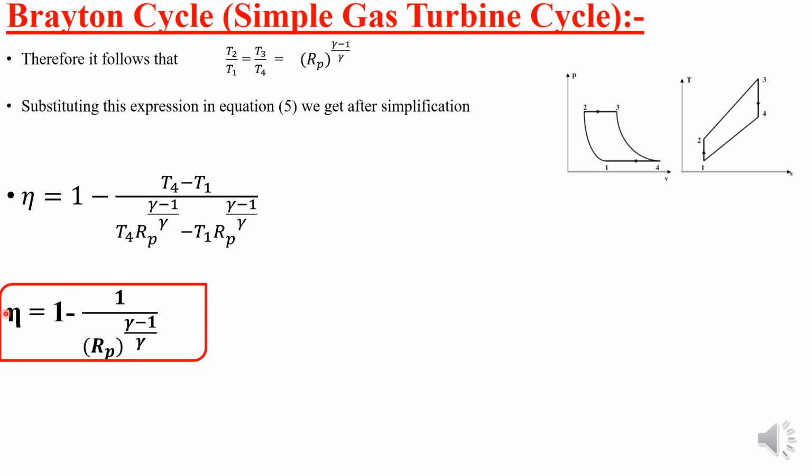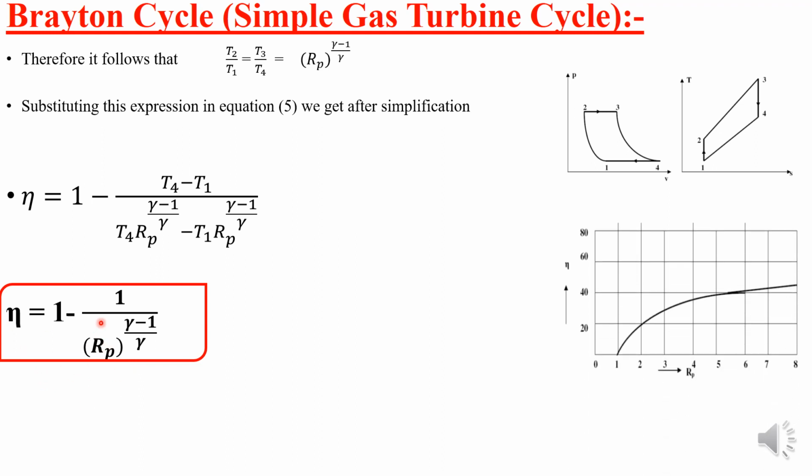There you have written eta is nothing but 1 minus 1 divided by rv to the power gamma minus 1, where rv represents the compression ratio. So the efficiency formulas for the Otto cycle as well as the Brayton cycle are similar. In the Otto cycle, it depends on the compression ratio, whereas in the Brayton cycle, it depends on the pressure ratio.